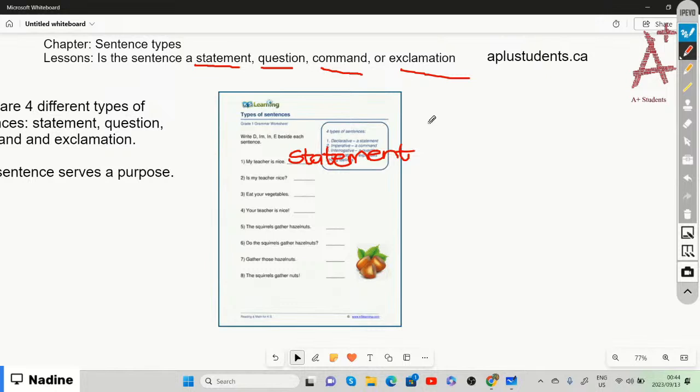Is my teacher nice? And it ends with a question mark. If we identify the type of sentence, then we will say this is a question that is being asked. A question.